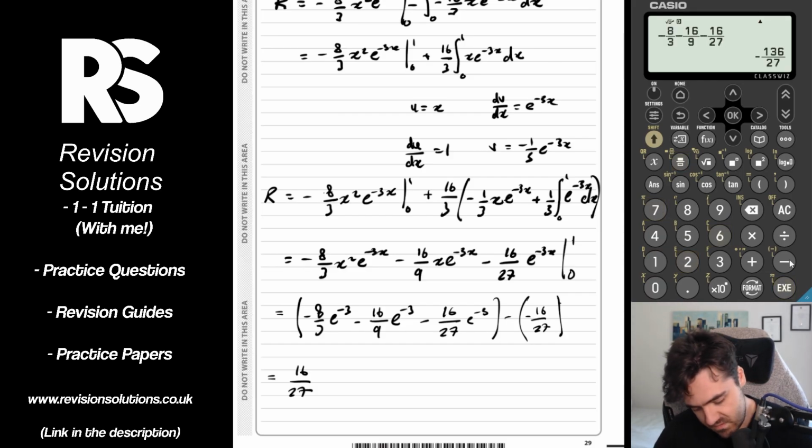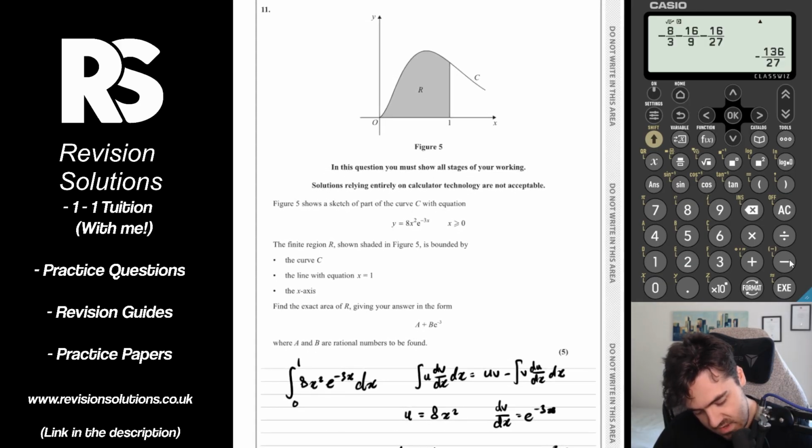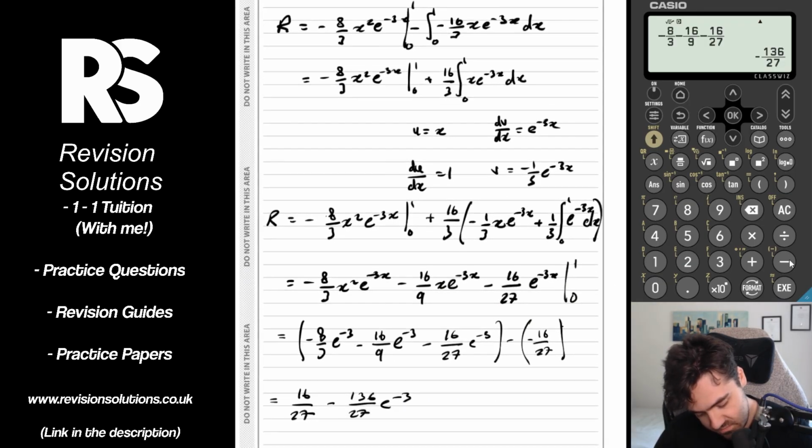That gives us minus 136 over 27 e to the minus 3. And let's just check that's in the form they wanted. It just said a and b had to be rational numbers, which they are. So that's my final answer.